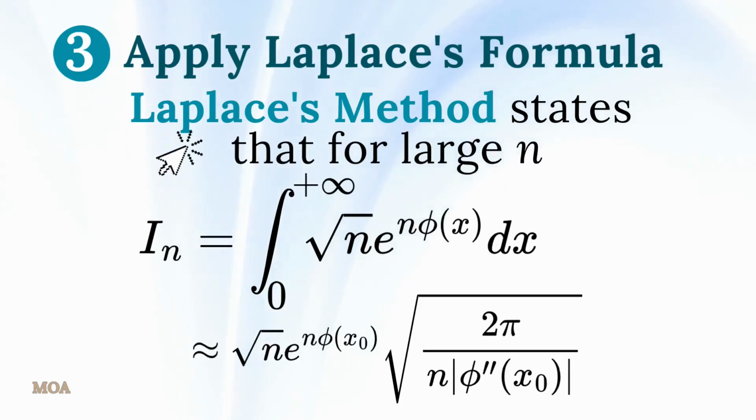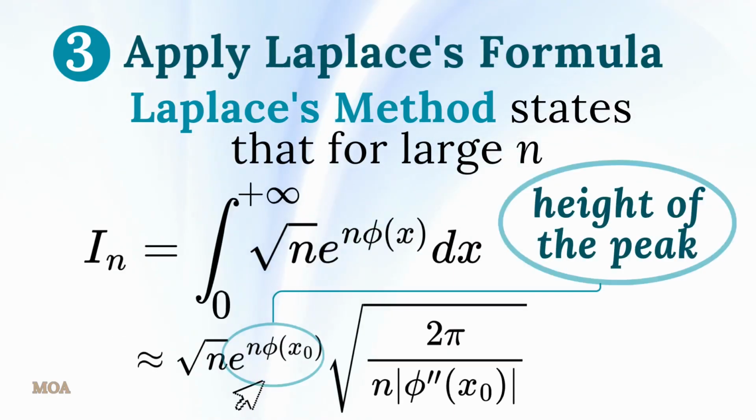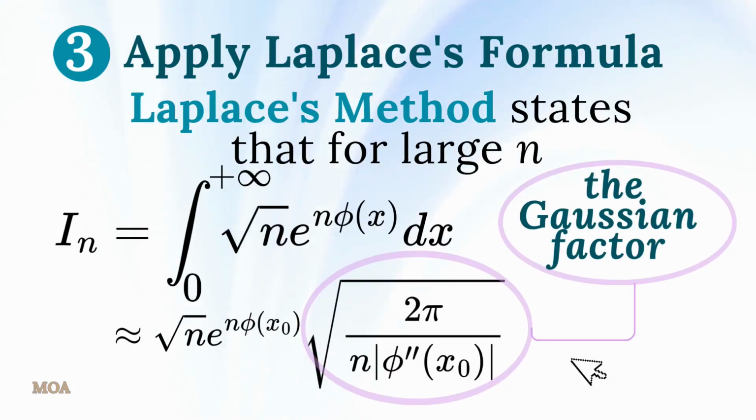Laplace's method states that for large n, I sub n, which equals the integral from 0 to infinity of the square root of n times the exponential of n times phi of x dx, becomes asymptotically equivalent to the square root of n times the exponential of n times phi of x sub 0 times the square root of the quantity 2 pi divided by n times the absolute value of the second derivative of phi at x sub 0.